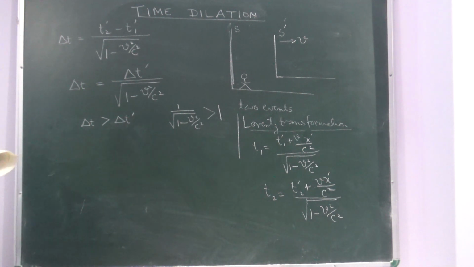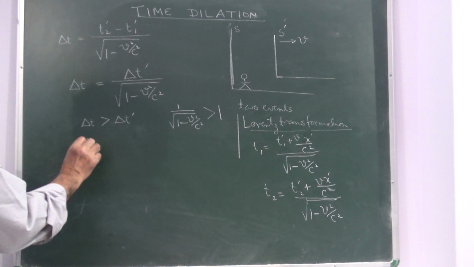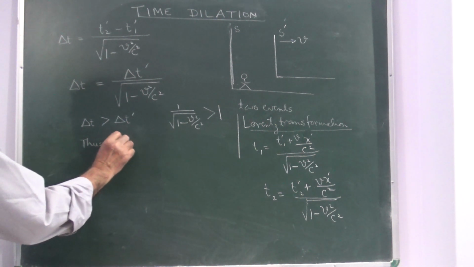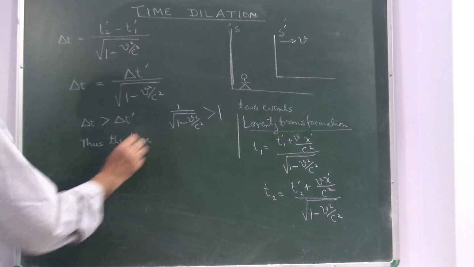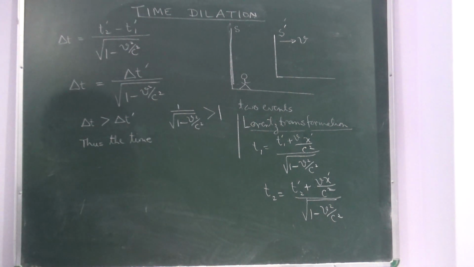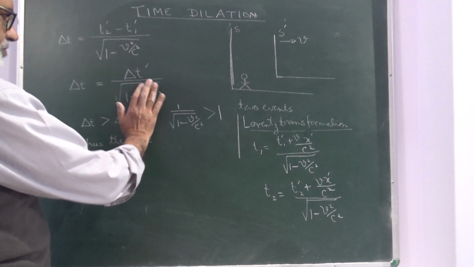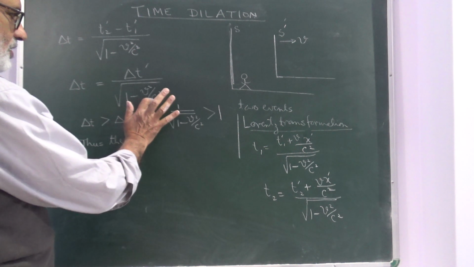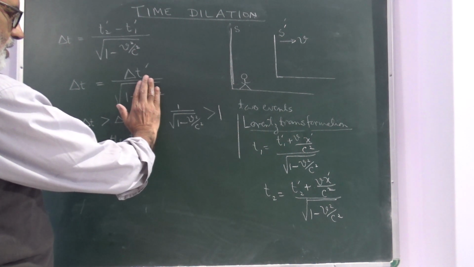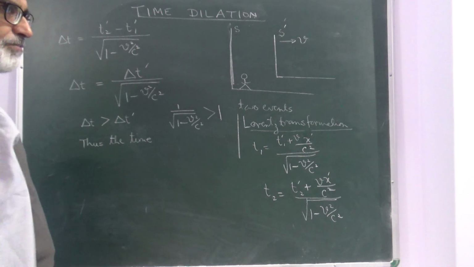The time interval delta t and delta t dash, that is the time between two reference frames for the same two events, are not the same, but the time is different. In our non-relativistic case, we assume that time must be the same. The time will be the same only when this quantity is 0. It means when v is very much less than c, this comes out to be 0, negligibly small, then T will be T dash.